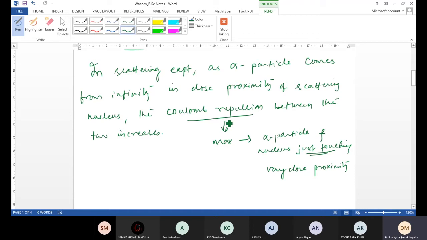Now, if the kinetic energy of the alpha particle is larger than the Coulombic repulsion, then what happens? Then this alpha particle can easily come out of that. Let's say this is the barrier, and this is the alpha particle. If this alpha particle is moving with certain kinetic energy, and it is less as compared to this repulsive energy, then it can never come out of this potential barrier. Ideally, what quantum mechanics is telling is that this alpha particle penetrates through this barrier and comes to this side.